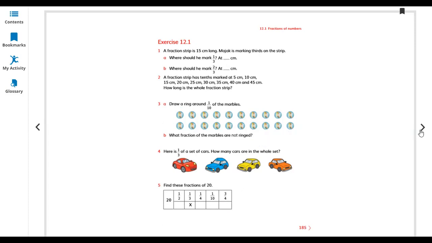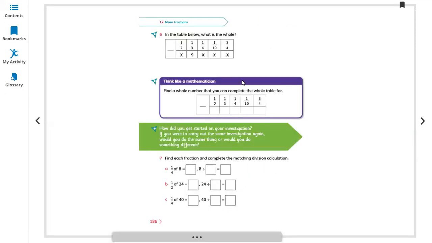Let's move to the next part. Question 6. In the table below, what is the whole? 1 by 2, 1 by 3, 1 by 4, 1 by 10, and 3 by 4. So we need to find the whole. 10, 18, 19, 20, 21.